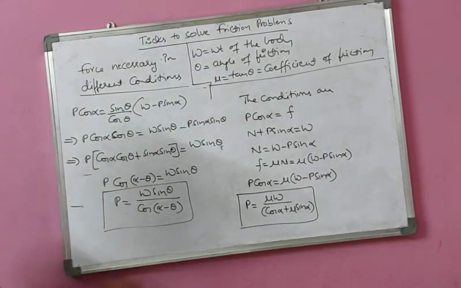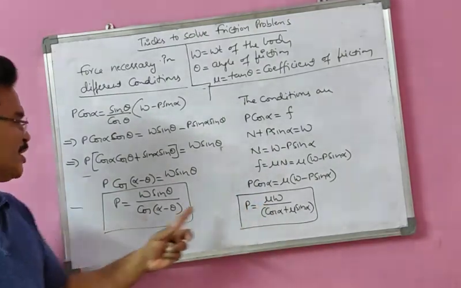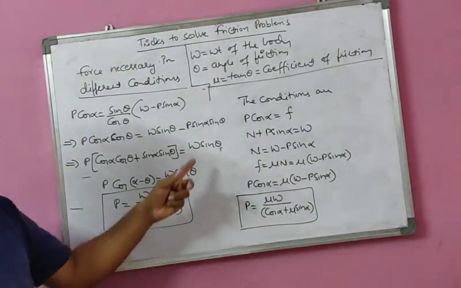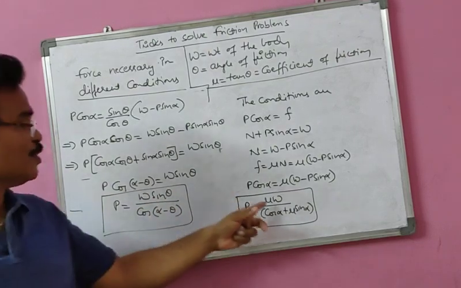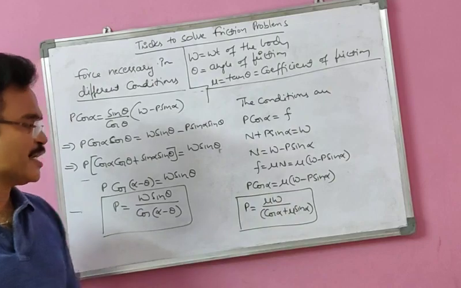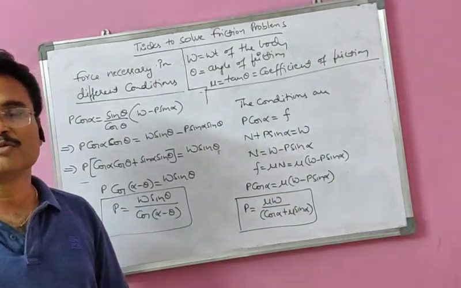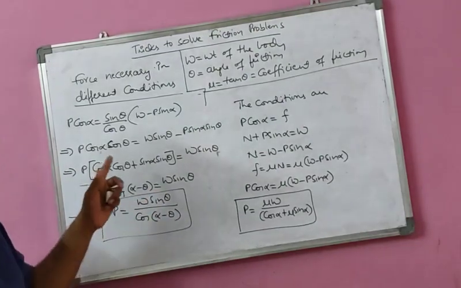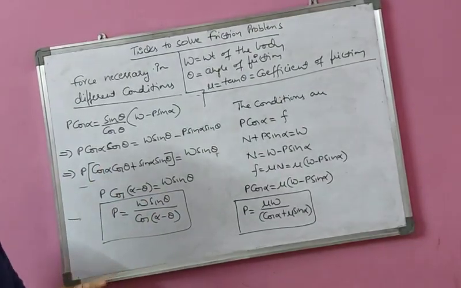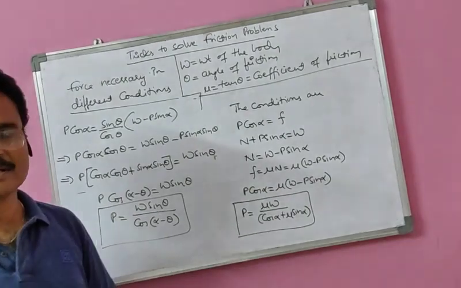If the coefficient of friction is given, use the mu expression, and if the angle of friction theta is given, use this expression, for the minimum pulling force required when pulling a body by making an angle alpha with the horizontal.